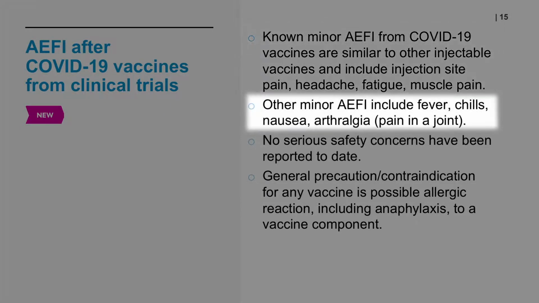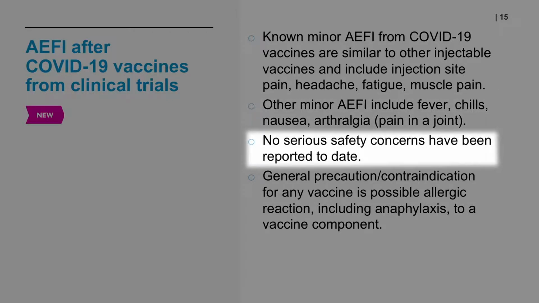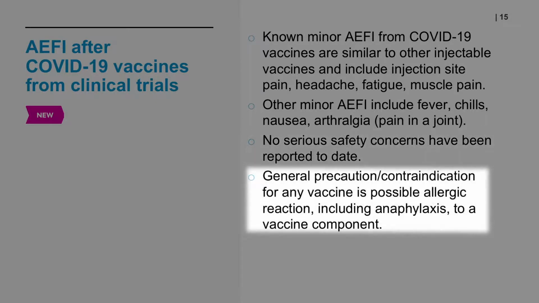Other minor AEFI include fever, chills, nausea, and arthralgia or pain in the joints. No serious safety concerns have been reported to date. As a general precaution for any vaccine, anticipate allergic reactions, including anaphylaxis to any of the vaccine's components.